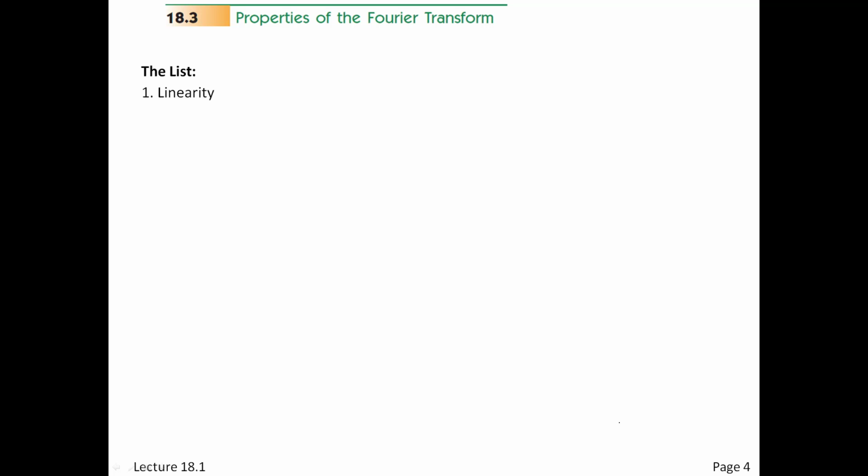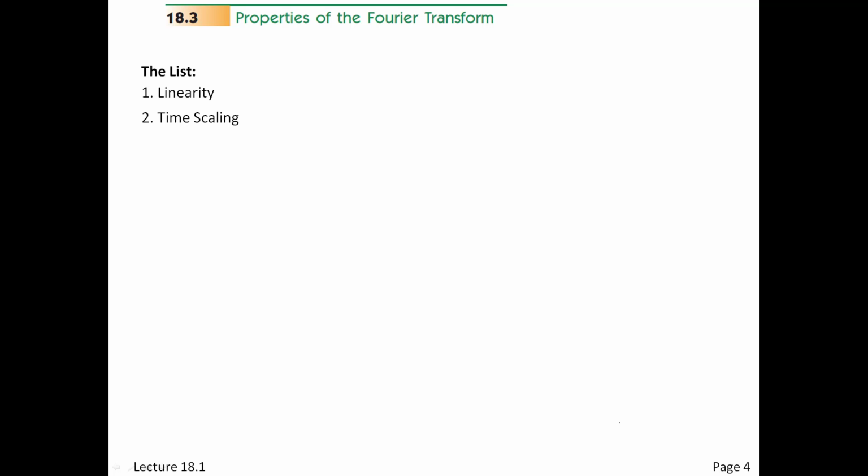Linearity is the first. We're going to talk about each of these, move through each of these, and show the key ingredients, so to speak. But linearity, something is linear if I multiply by a constant, and I add things. You know, the linear equation y equals mx plus b, linearity.